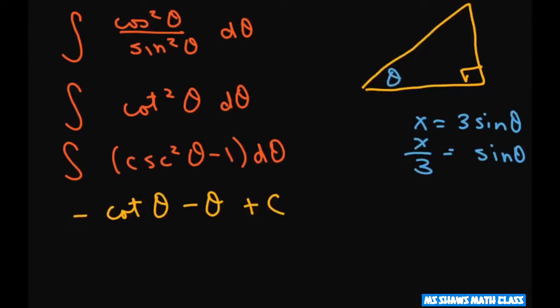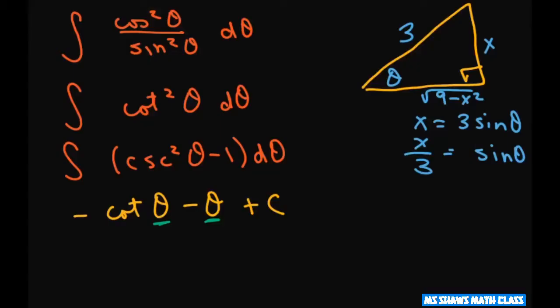So for theta here, that means opposite over hypotenuse. And so this adjacent side here is going to be the square root of 9 minus x squared. The reason I'm doing that is because we didn't start with theta. We started with x, so I'm going to have to substitute that in.